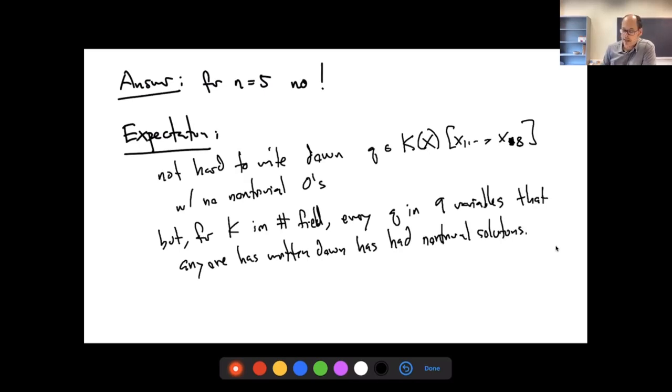The expectation is that the u-invariant of this field should be 8. But so far, we still don't understand how to get a hold of that. In fact, right now, there's no known bound at all. So it's possible that there's a million-variable form that doesn't have any zeros, even though we believe that if you have at least 9 variables, you must have a zero.